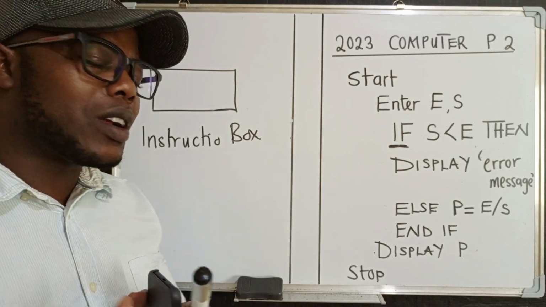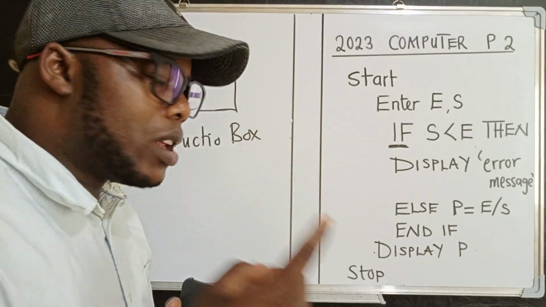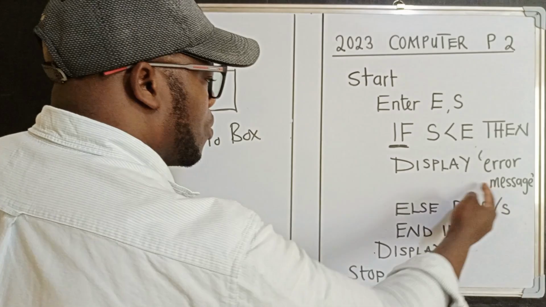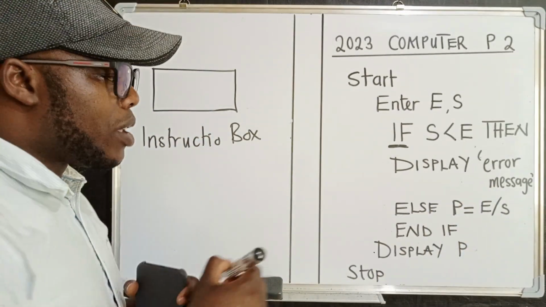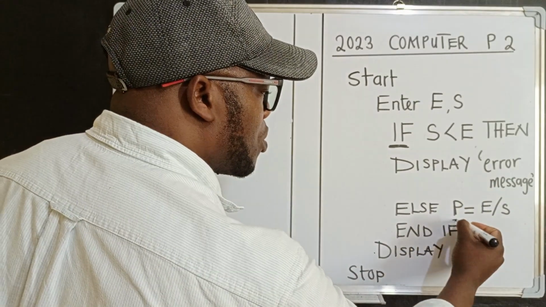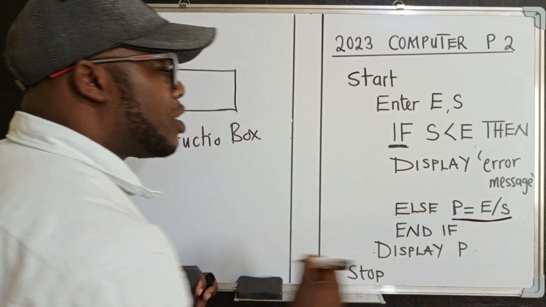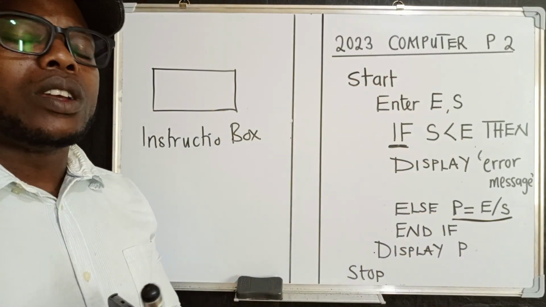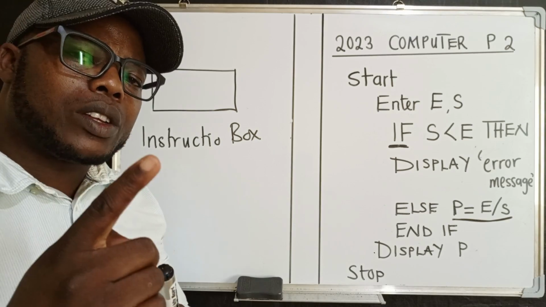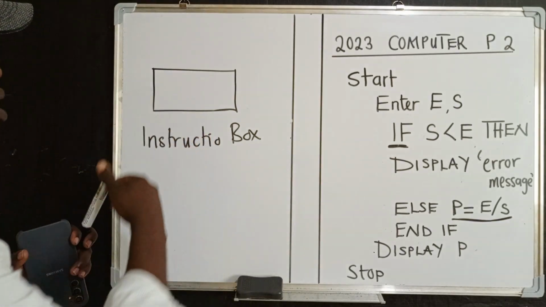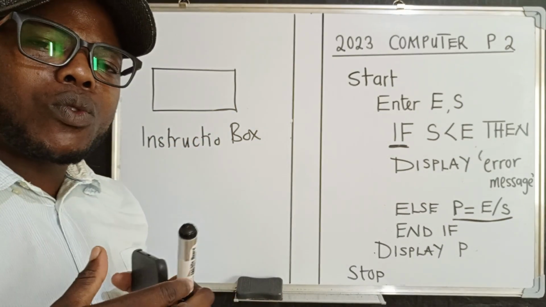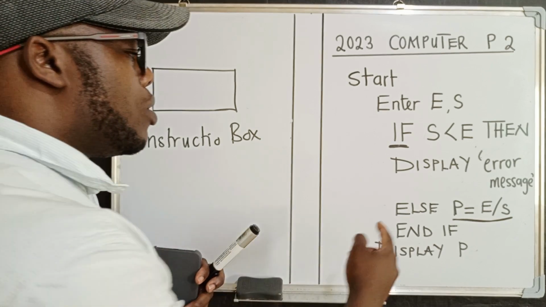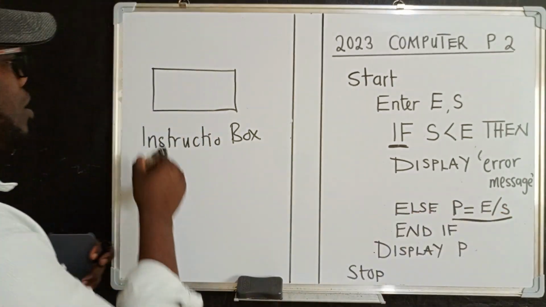So we use an instruction box, one, when you've got a formula. Can you see the formula here? This is a formula. Whichever formula that you see on your pseudocode, just know that at that point, you need to use a rectangle. And what are you going to do on this rectangle? You will just copy the formula.